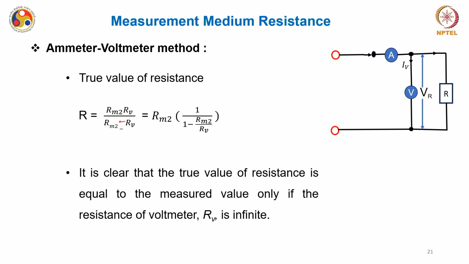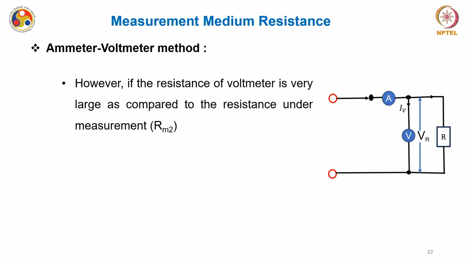So it is very clear from this expression that the true value of resistance is equal to the measured value only if the resistance of the voltmeter is infinite, okay. However, if the resistance of the voltmeter is very large compared to the resistance under measurement, RM2, or you can say RV is much larger than RM2, RM2 by RV will be very, very small, okay.